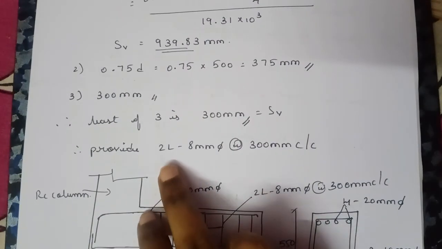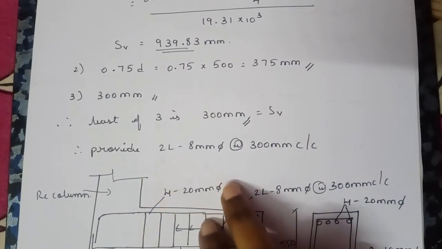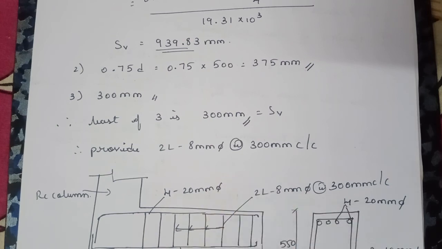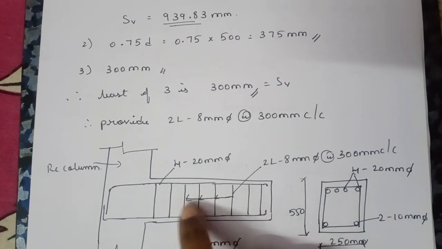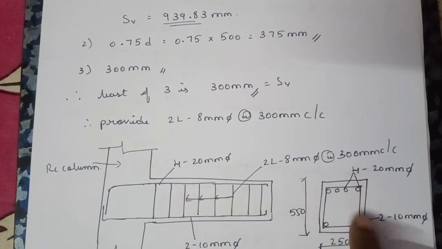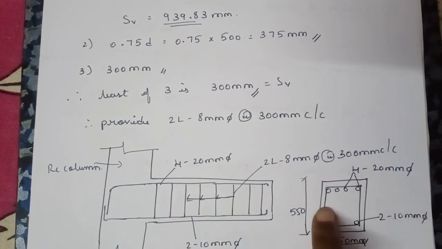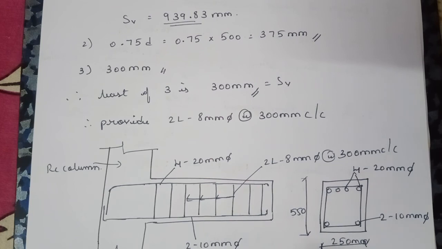So there will be a conclusion, that is 2 legs of 8 mm diameter at 300 mm center to center. Okay, so this will be the one step to the next step. We will have to give 300 mm and it is a 2-legged stirrup, and the diameter of this bar is 8 mm.